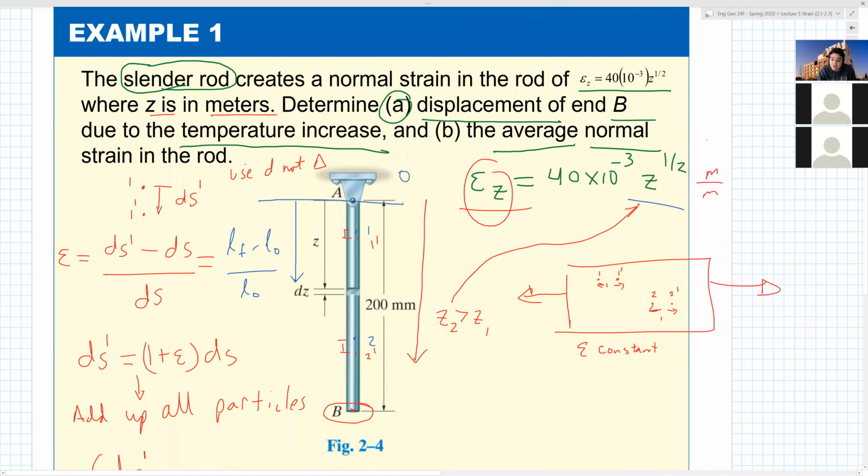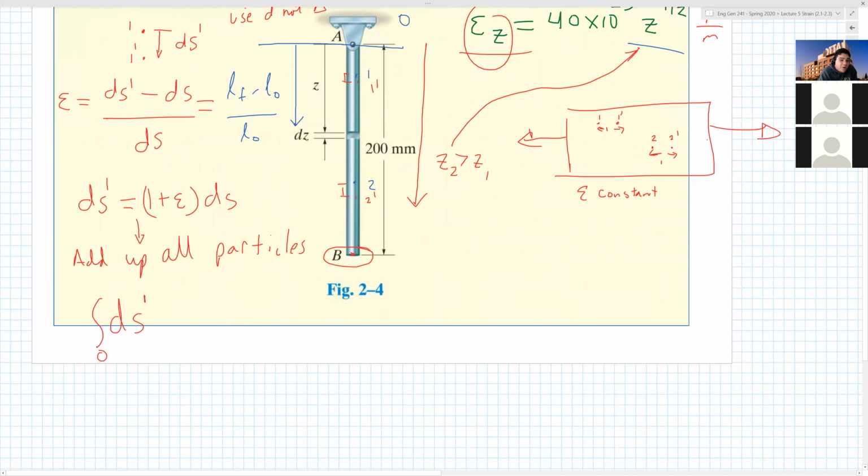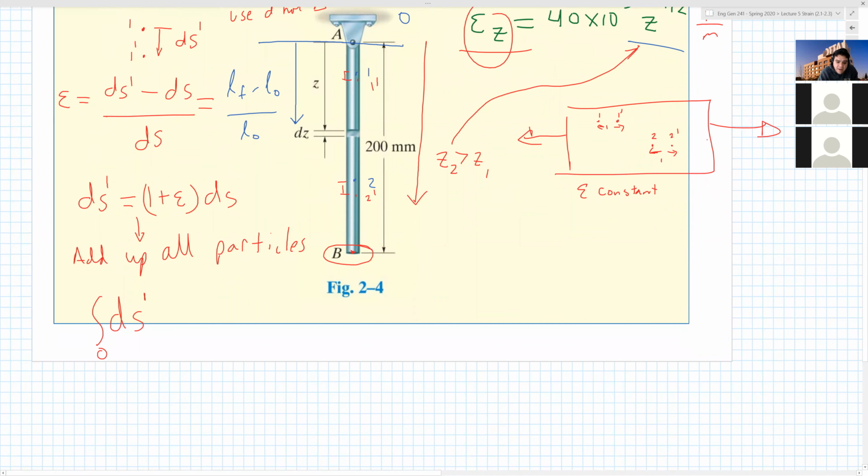So I'm going to keep things in meters just to be consistent. So when I evaluate my limit, like my L final of the last particle, the last particle is going to stretch out. Also B, L final is going to be 200 millimeters or 0.2 meters. I want everything in meters. So then I'm going to integrate 0.2. For the bar, the initial length of the bar is L naught, right? So this is 0.2.